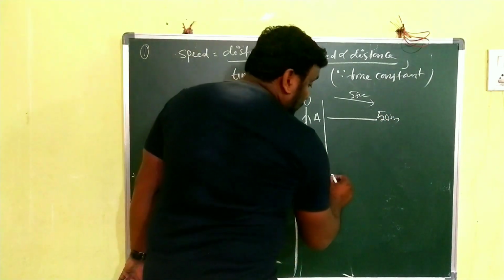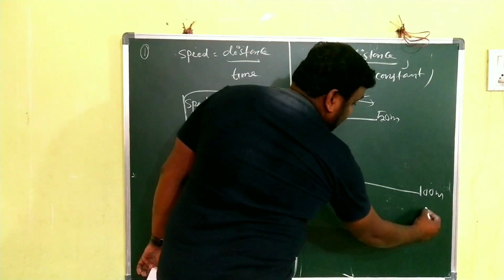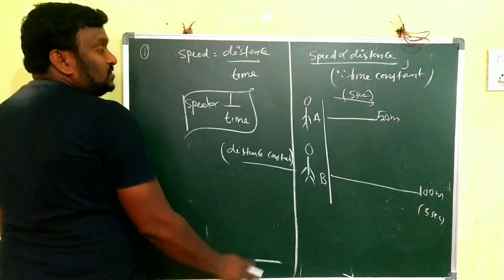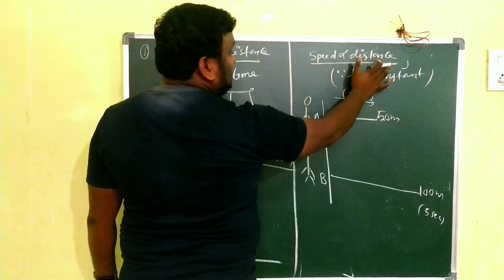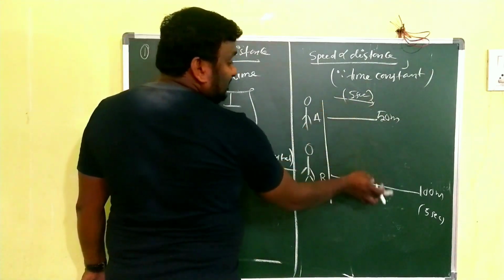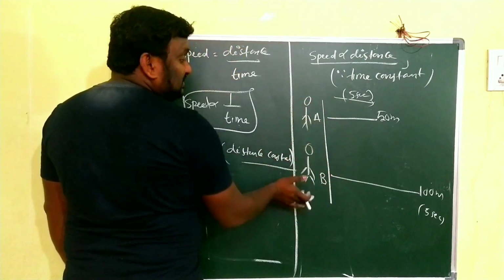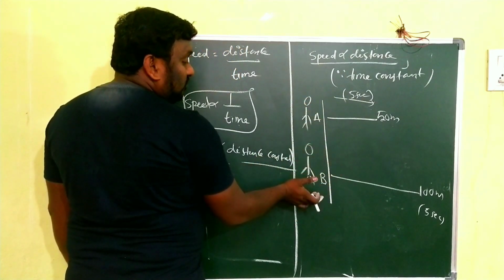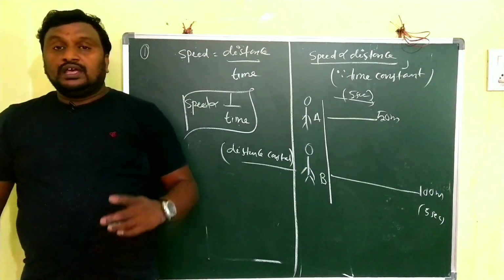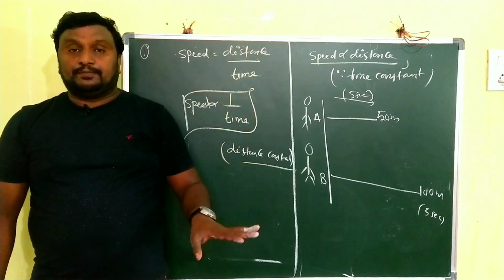And now B covered 100 meters in the same time, 5 seconds. Speed is directly proportional to distance when time is constant. So here we have given the same time for both boys A and B. Here the competition is: among these two, who can go more distance in the same time.